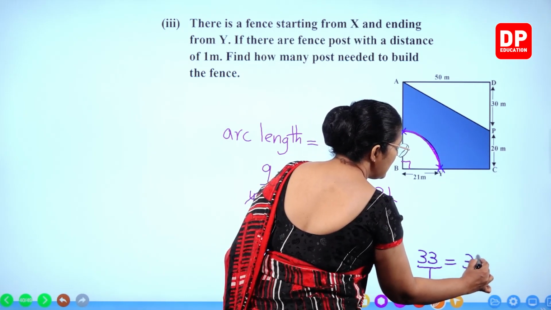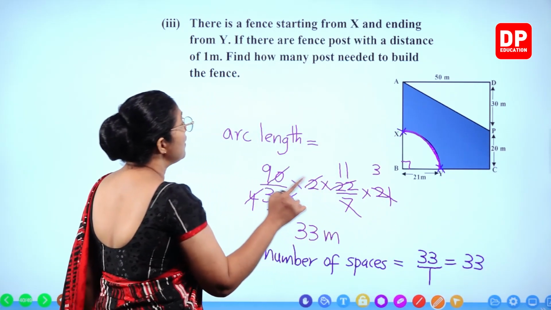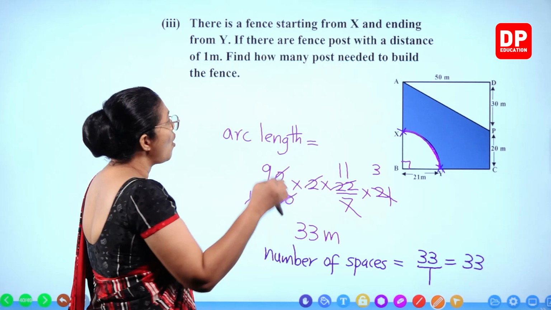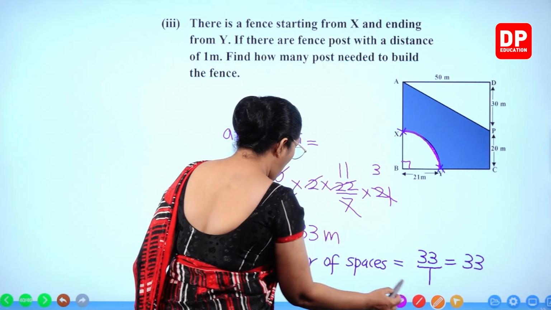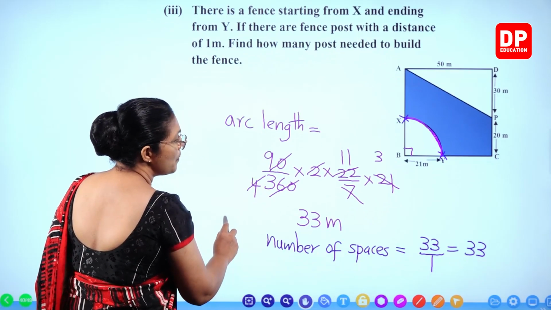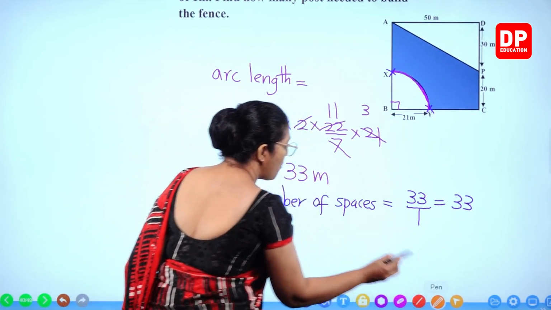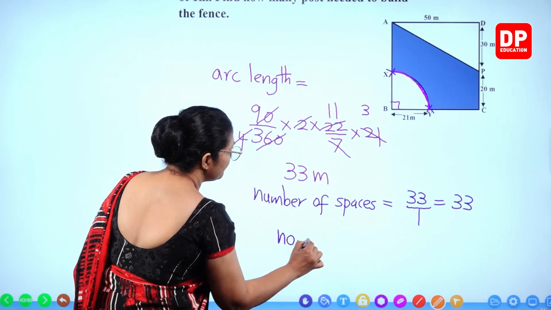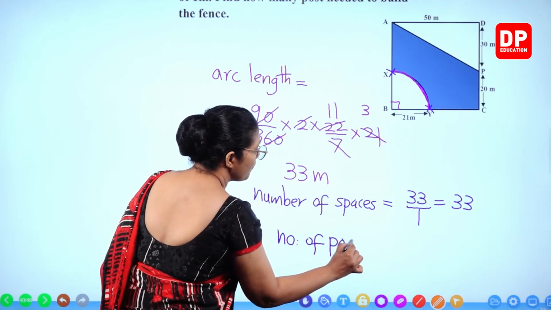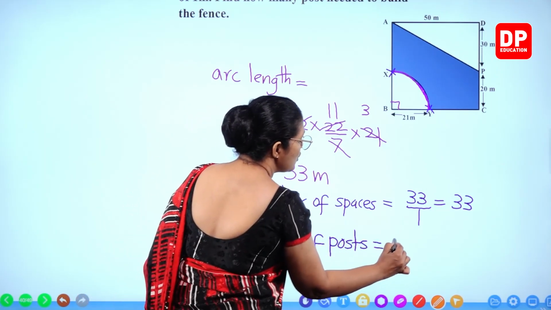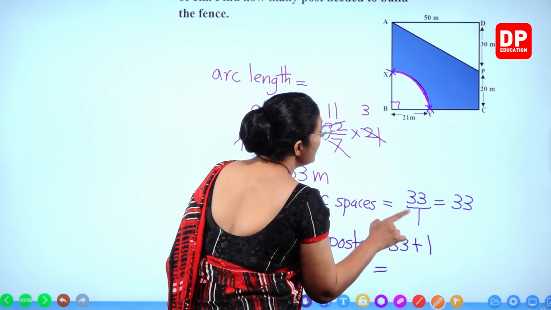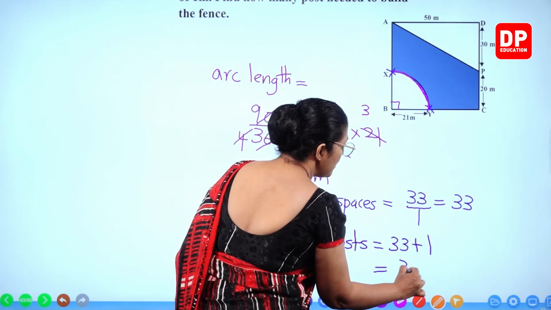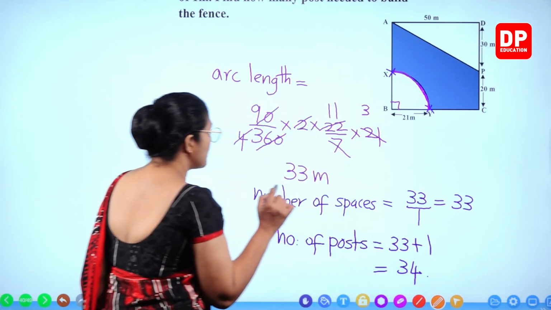That's 33 spaces are there. But this is an open area. So how many posts are needed? Always 1 more than number of spaces. So number of posts is equal to 33 plus 1 because it's an open part.